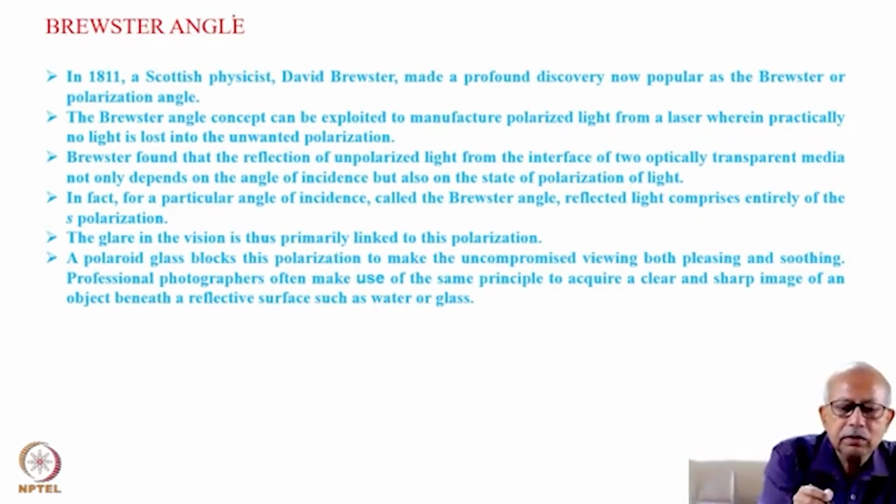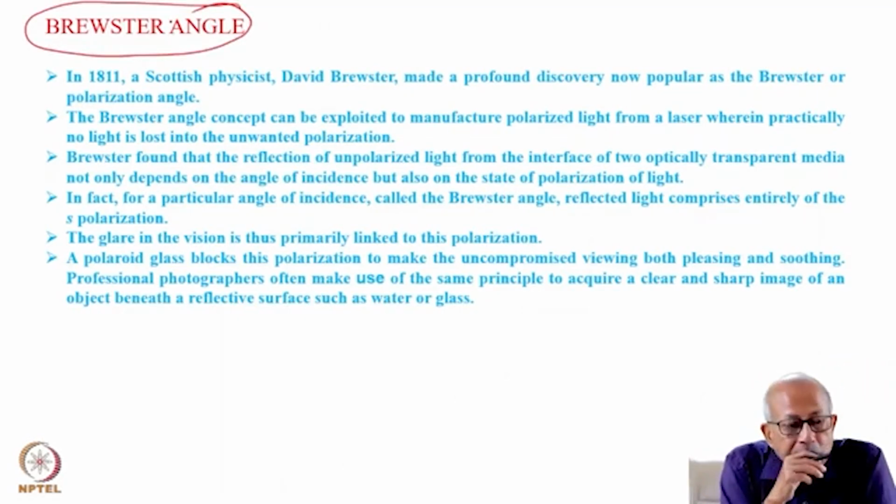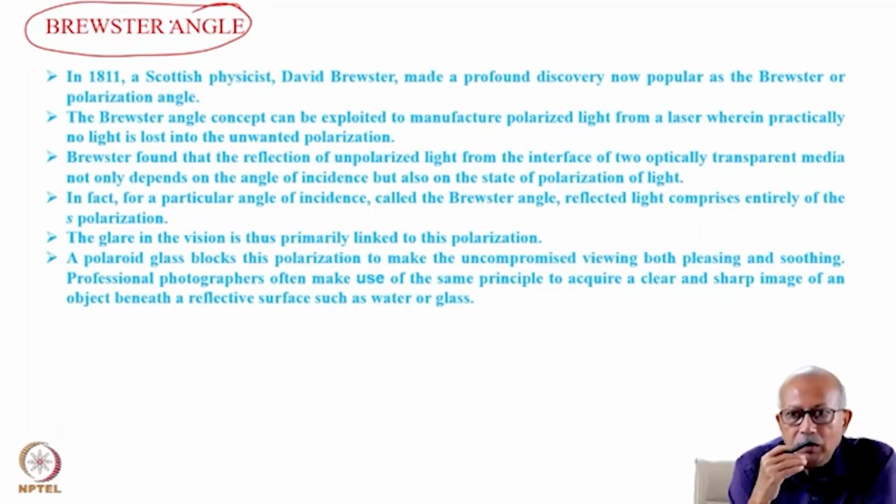Now let us try to understand what is meant by Brewster. It is a very intriguing and interesting concept which has a very important impact on the field of optics in general.